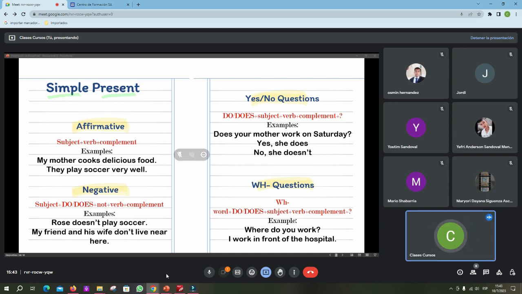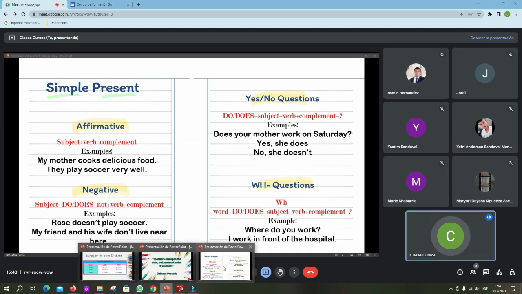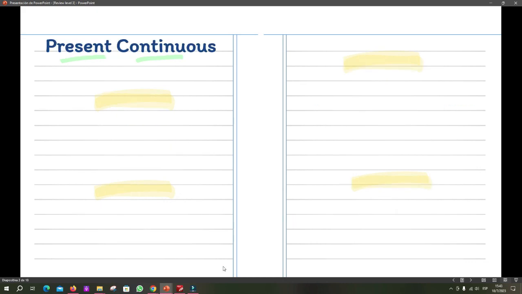This is simple present. What about present continuous? Let's see. Present continuous. Affirmative. First of all, you're going to have the subject plus the verb be. Then you're going to have the main verb and you are going to add ing, right?